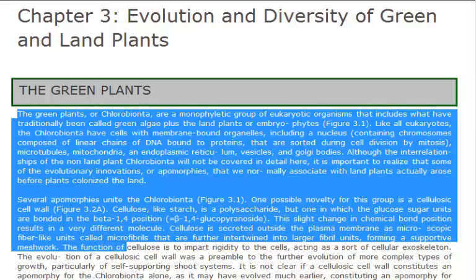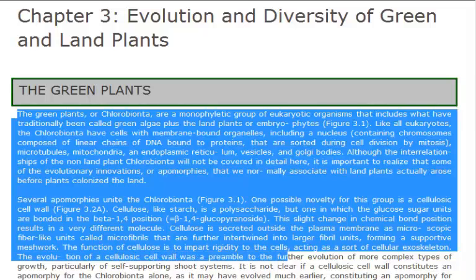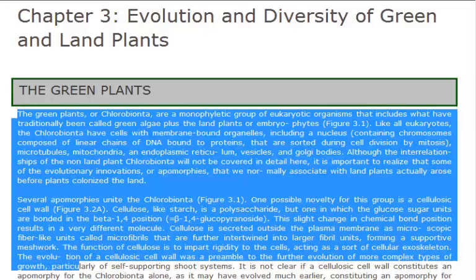The function of cellulose is to impart rigidity to the cell, acting as a sort of cellular exoskeleton. The evolution of a cellulosic cell wall was a preamble to the further evolution of more complex types of growth, particularly of self-supporting shoot systems.